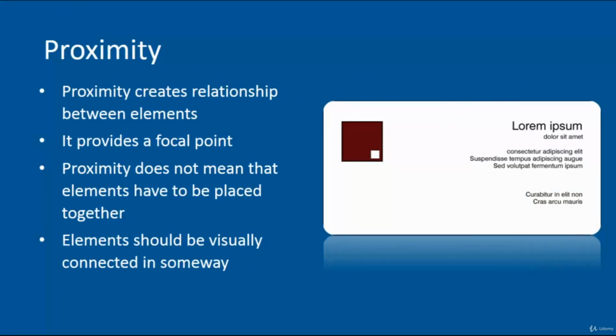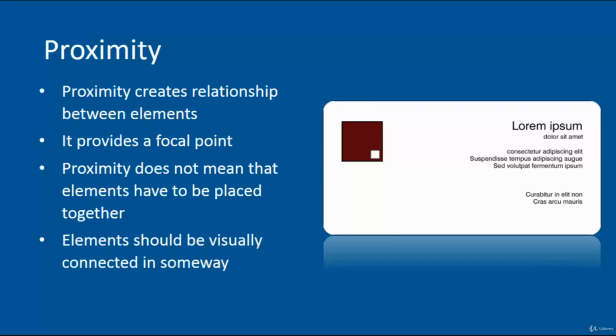Then comes proximity. Proximity literally means closeness, right? So it creates a relationship between elements. So for example, it provides a focal point. It does not mean that elements have to be placed together, by the way, even though the word proximity implies closeness, but not necessarily in the world of interaction design or the principles of design.